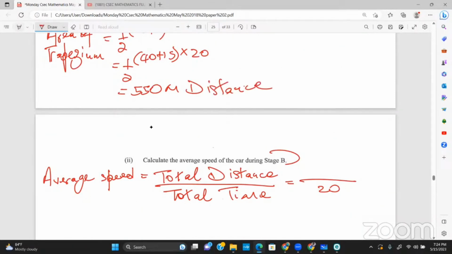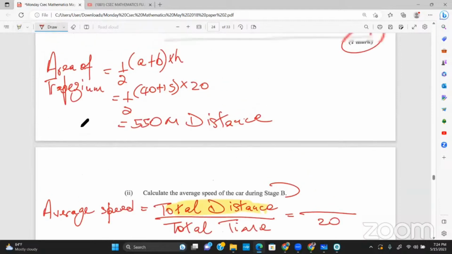I now need that distance here to work out average speed, because average speed has distance in it. So this is 550 that we're waiting on. So then finally, 550 divided by the 20 is going to give me the average speed of 27.5 meters per second. Don't leave off the unit. It's meters per second.